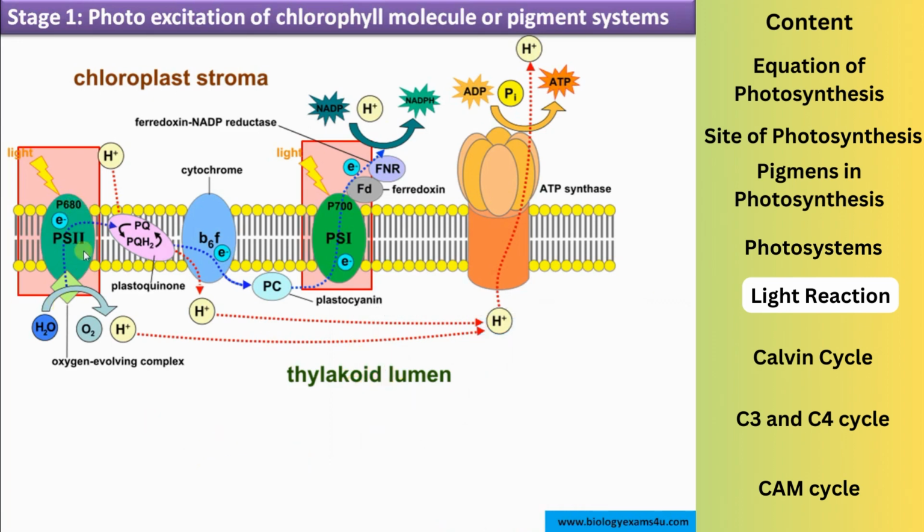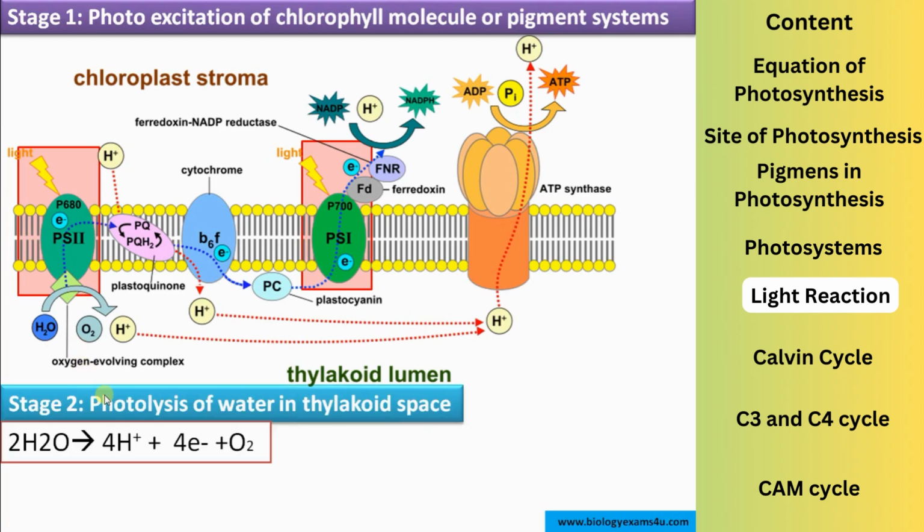Now the electrons are ejected from photosystem 2. There is an electron hole or an electron gap in photosystem 2 that should be refilled. Then there occurs a process called photolysis of water, which occurs in the thylakoid lumen, where the water molecule splits to form protons and electrons with the release of oxygen.